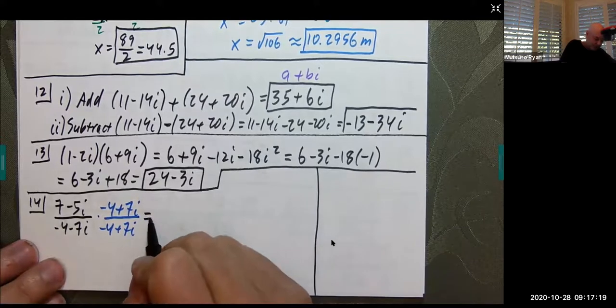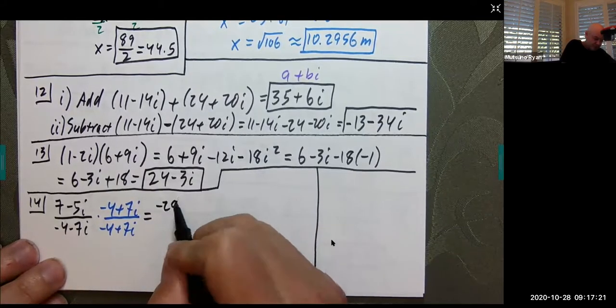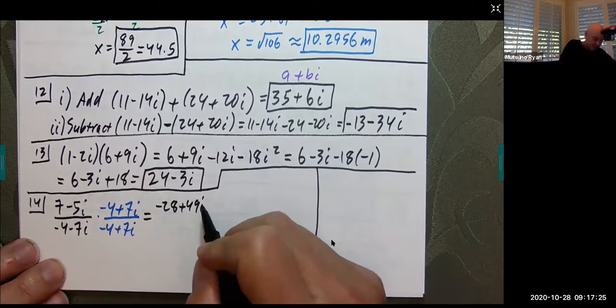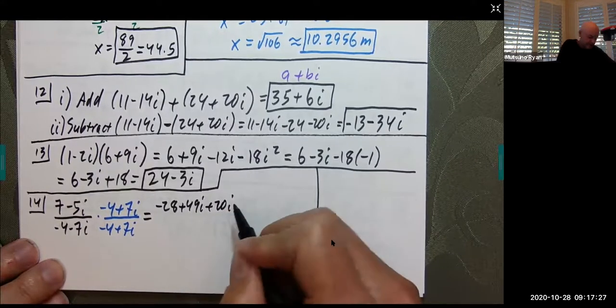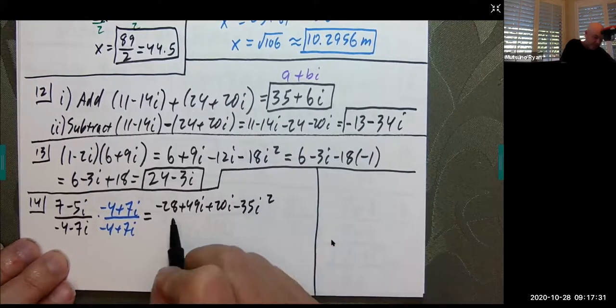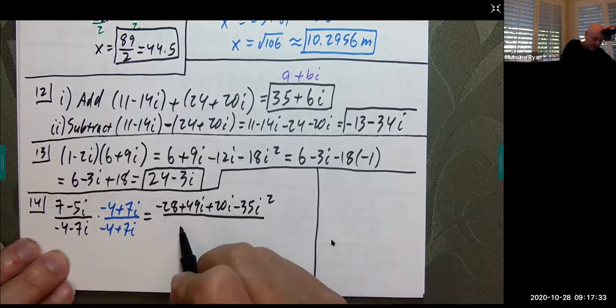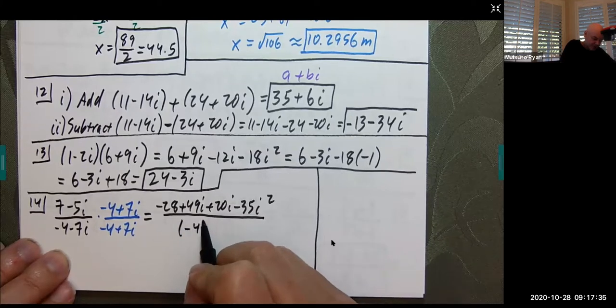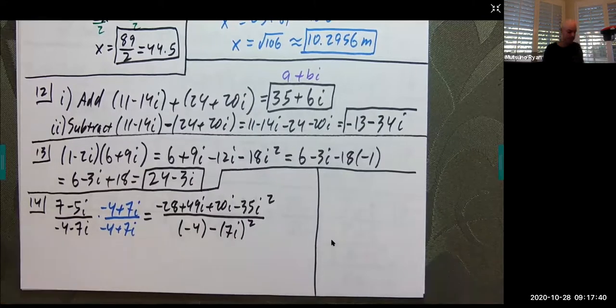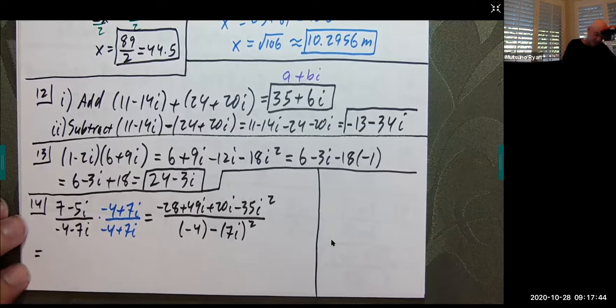Up top, I'm going to FOIL first terms, the outer terms, the inner terms, and the last terms. Down below, I have a difference of squares. So lots going on here.